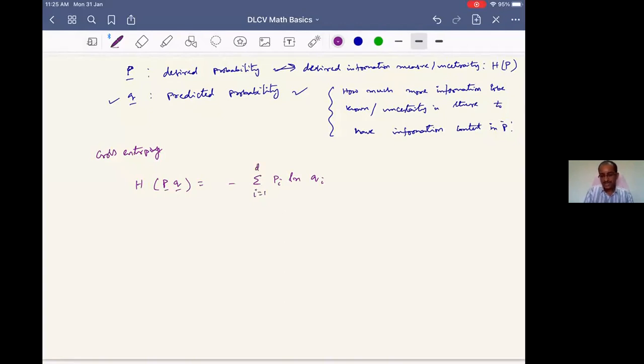Cross-entropy is nothing but the information content, the commonness of information.